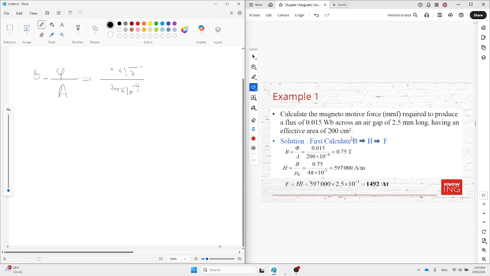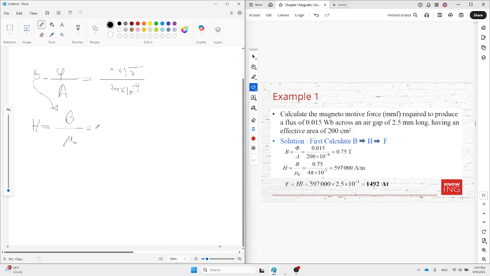The next step is calculating H. What is the formula for H? B equals mu H, correct? So H is B over mu. Is there any mu r mentioned? When there is no mention of mu r, we have only mu 0.